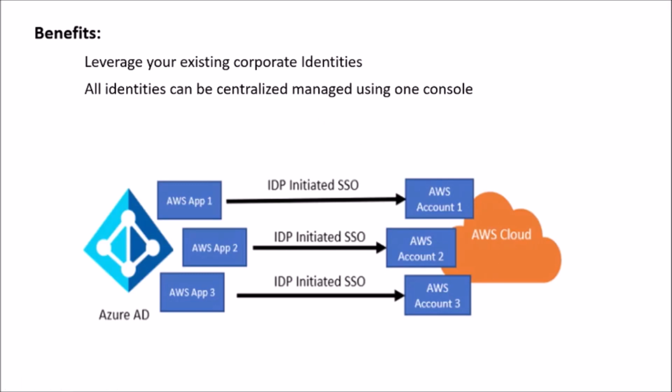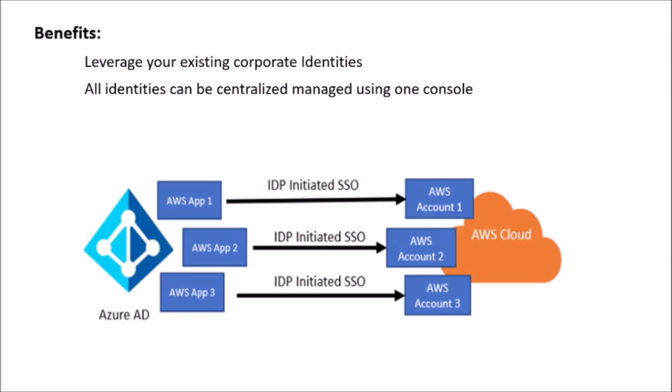Once the service provider sees this user is already authenticated and coming with the data, the SAML token, along with the services which he can access, this AWS account or the service provider will grant him the access. And I will show you how we can configure this integration in the demo.